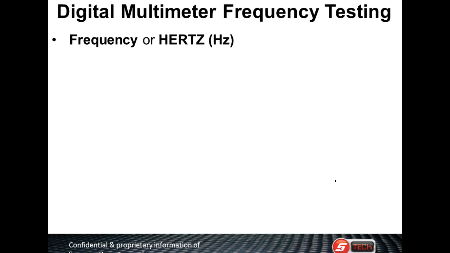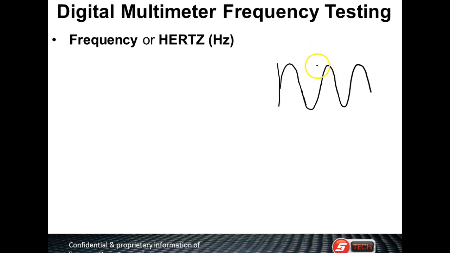Frequency. So when we deal with alternating current, this is the way it kind of looks when it's generated. And it just keeps repeating and repeating as long as you have power on it.